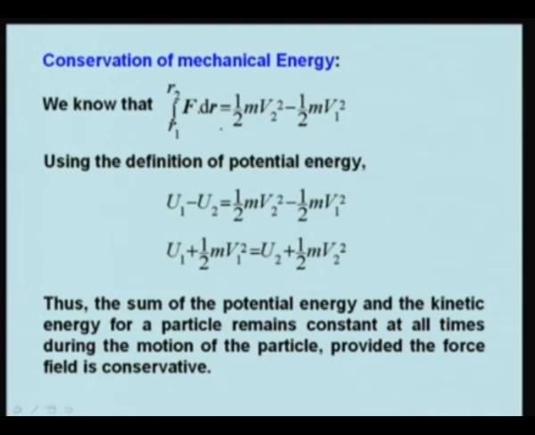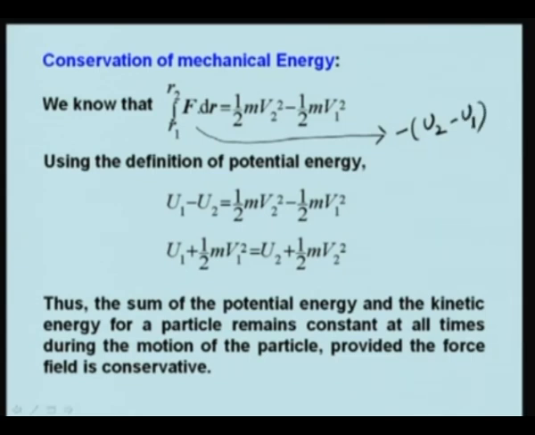This has directly come from Newton's second law. Using the definition of potential energy, that is, the integral of F dot dr is equal to negative of the change in the potential energy.